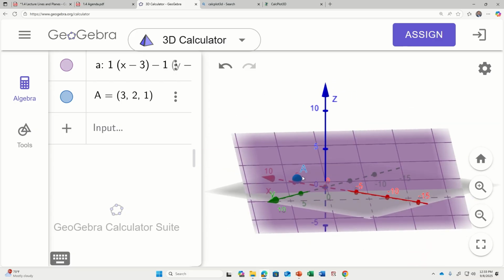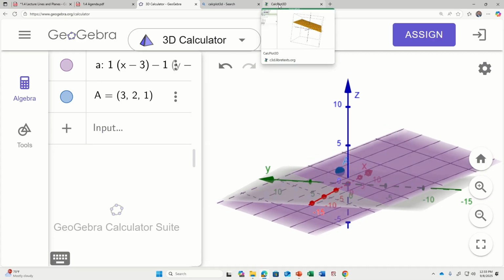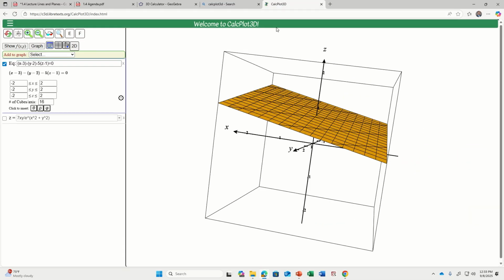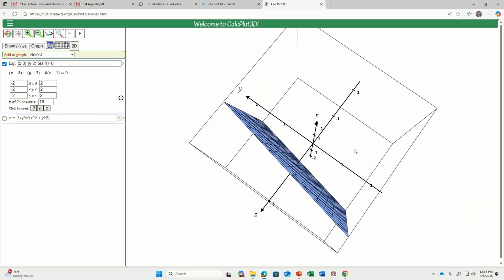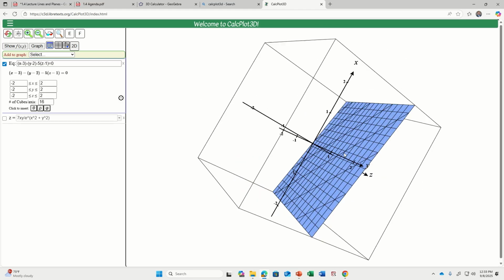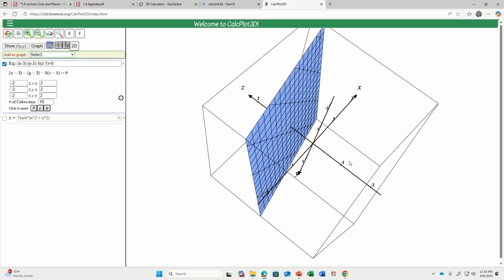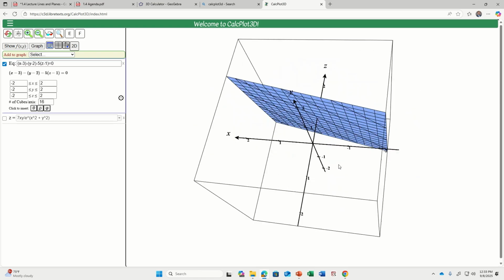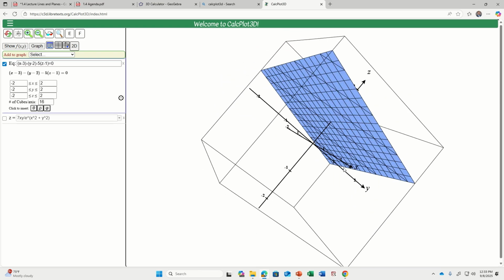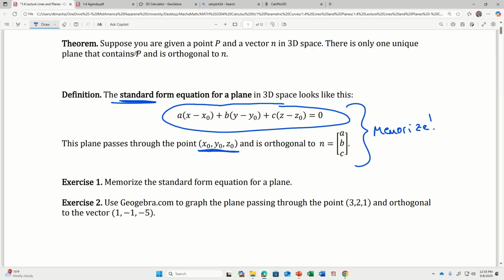This feels more natural to me, maybe just because I use it all the time. But this is just a little bit weird because z doesn't always point up. Okay, well anyways, you got options.